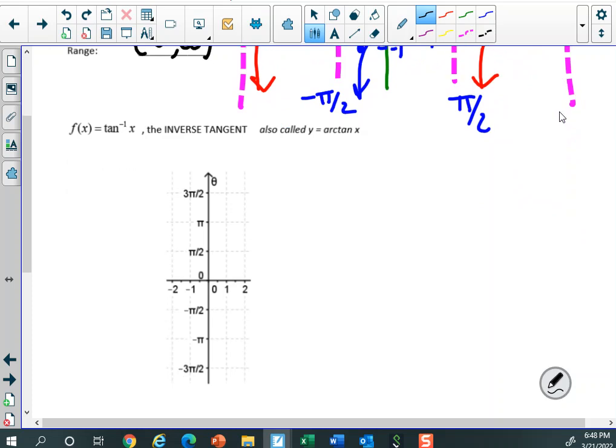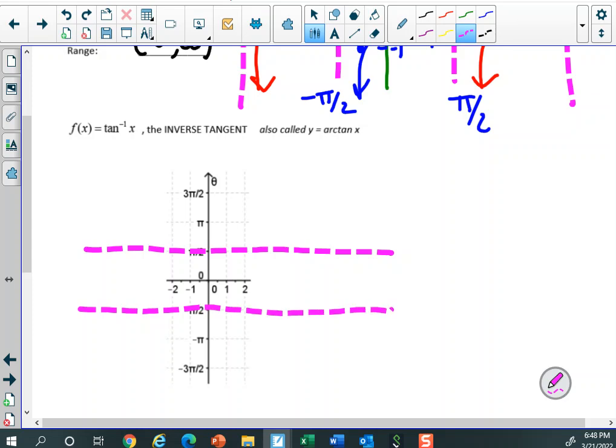When we do the arctan, we only use one cycle. If we used multiple cycles, we would fail the vertical line test. And you can see what happens is we get the tangent graph, but kind of laying on its side.